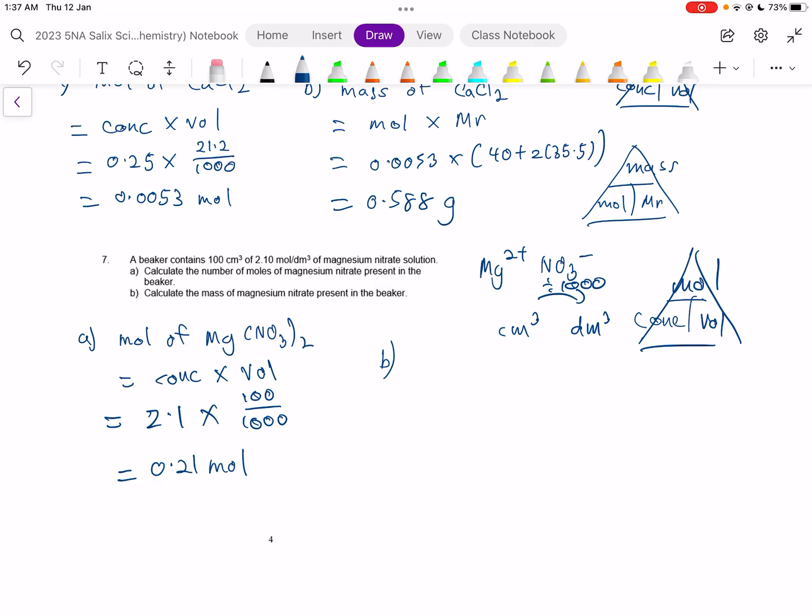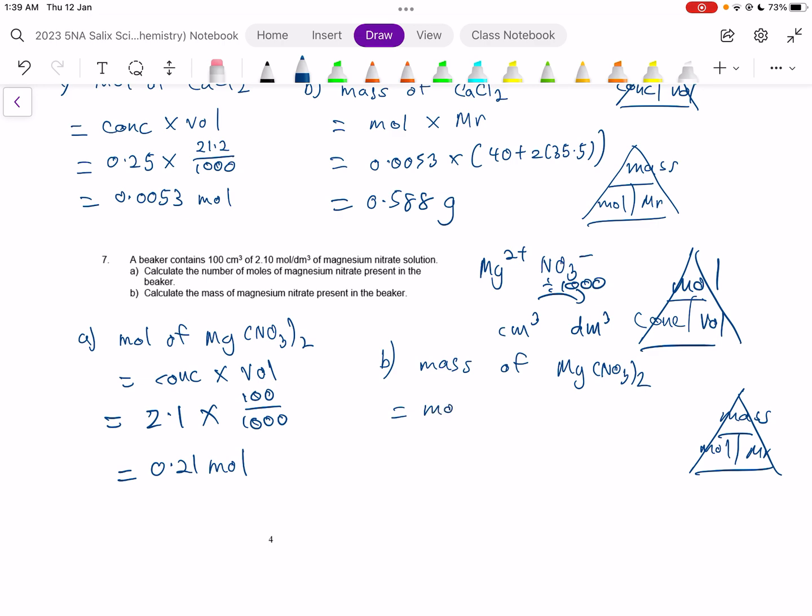Next thing, you are supposed to get the mass of the magnesium nitrate. For this you will be using this formula, which you have done in N levels.